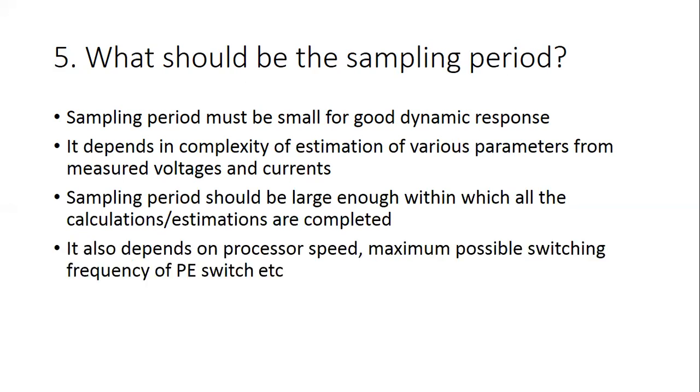It also depends on the processor speed, the maximum possible switching frequency of the power electronic switch, etc. Here in MATLAB simulation, it is a numerical number, so it is all right. But in reality, when you want a real-time simulation, the sampling period will be limited by all these parameters.